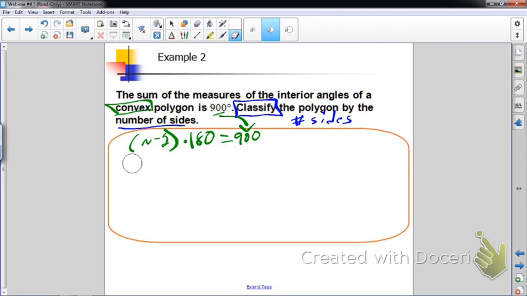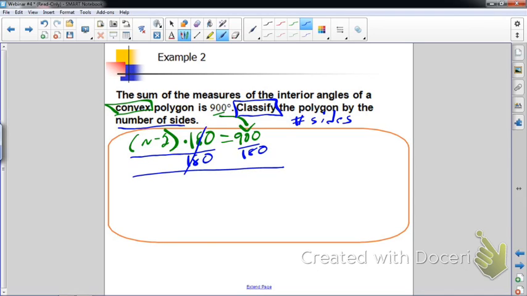So we first use the division property of equality by dividing by 180 on both sides. That simplifies, which is what we want, and we get a 1. 1 times n minus 2 just gives us n minus 2. Remember, I can reduce that, 10 divided by 10. Then I'm left with 90 divided by 18, and it turns out to be 5.